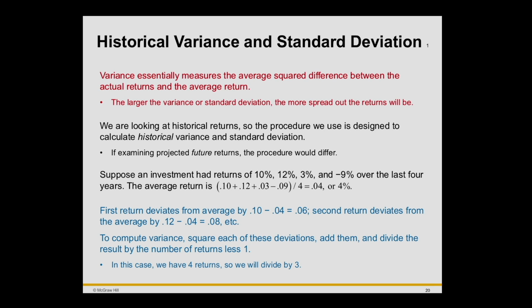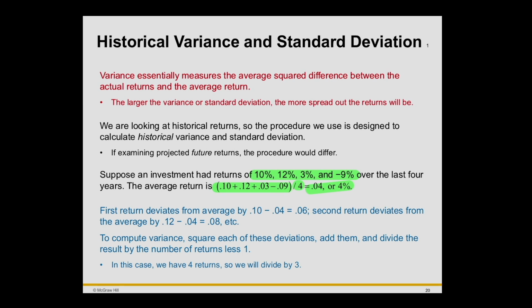So suppose that we had this series of returns: 10, 12, 3, and negative 9%. We're first going to get an average, so we simply add them all up, divide by the number of returns, and so we get an average of 4%.